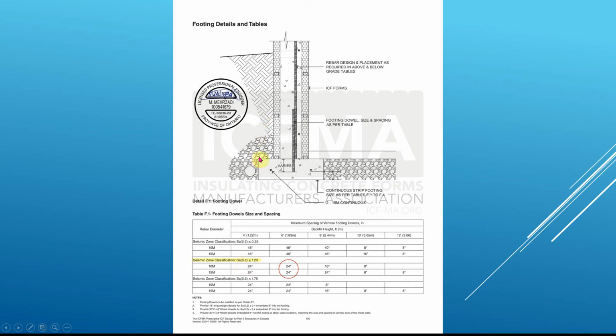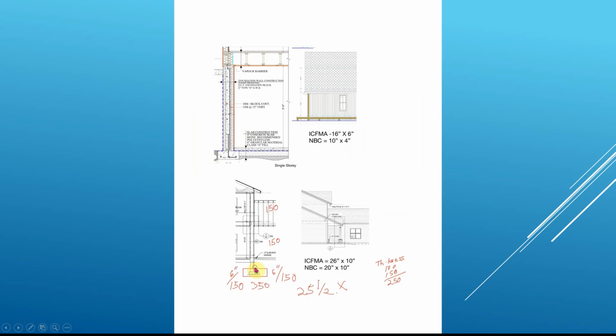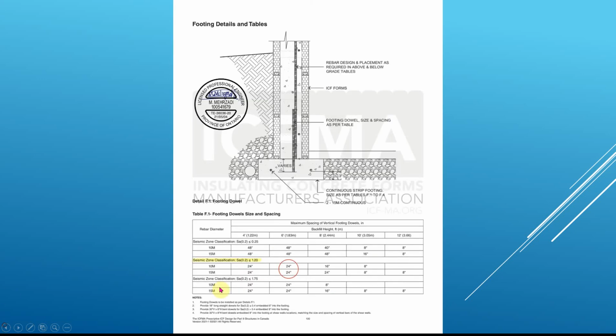So again, this backfill height was 4 feet, right? Okay. Oh, sorry about that. We'll go back and we'll find out that we have to use a 10 M-bar at 24 inches. So again, that's all depending on the backfill height, and you'll find that in the ICFMA manual.